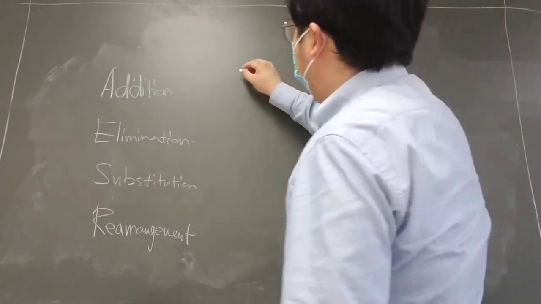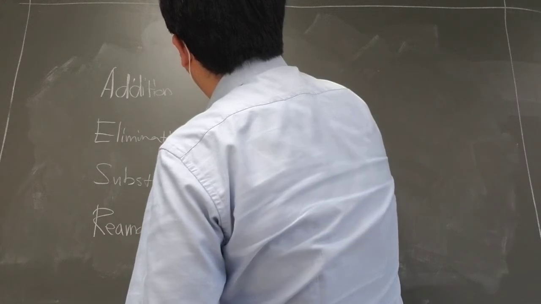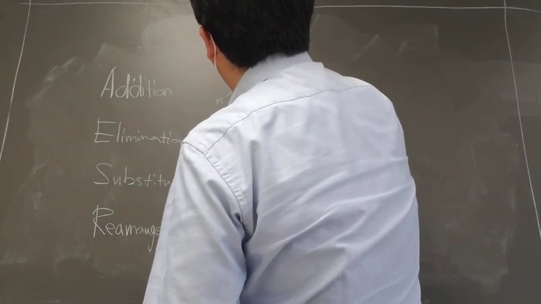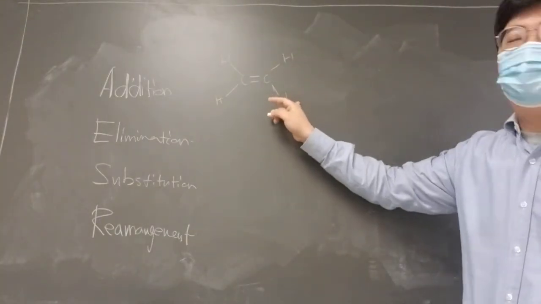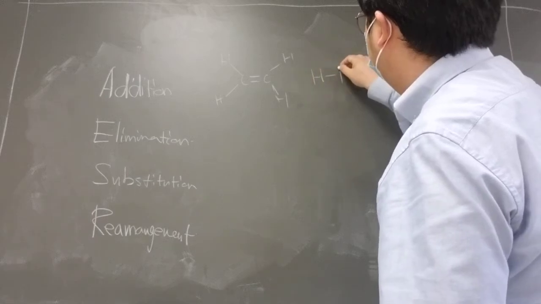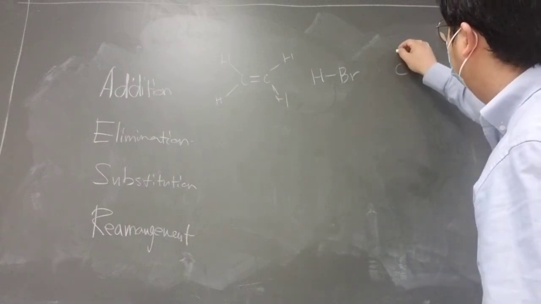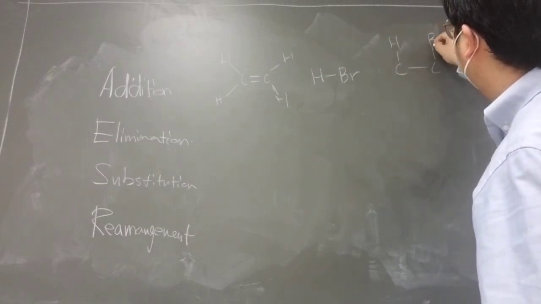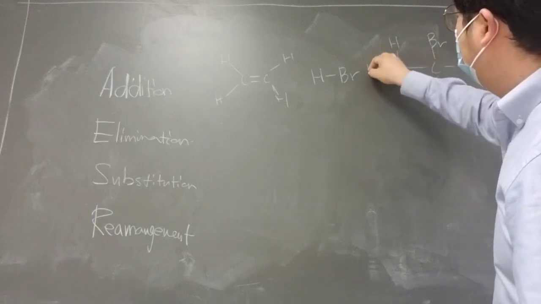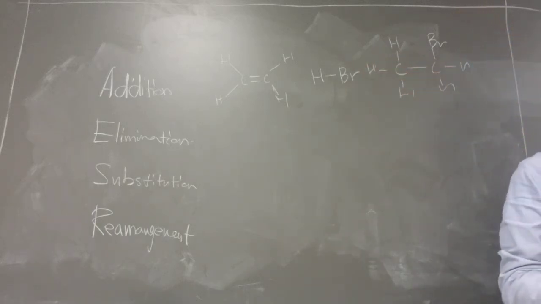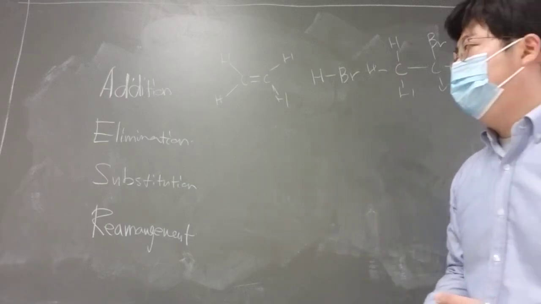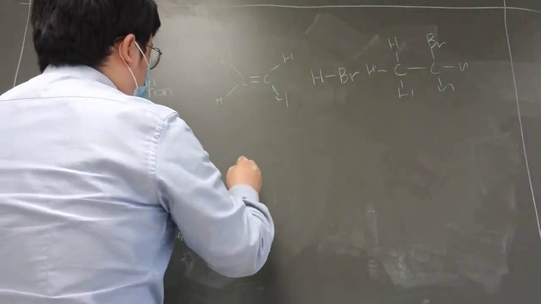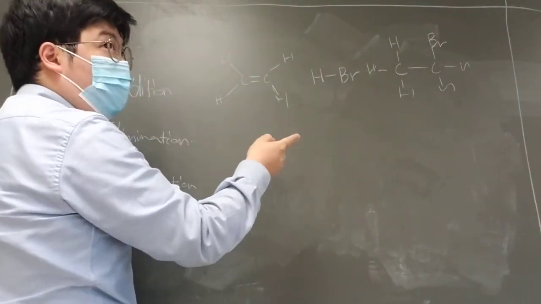So addition is more like you have ethylene groups here, which we will cover soon, alkene groups, with some hydrobromic acid here. So this would be a good example of addition, because you're adding the hydrogen and bromine onto the ethylene here. Okay. So elimination is kind of the other way, as you can see.